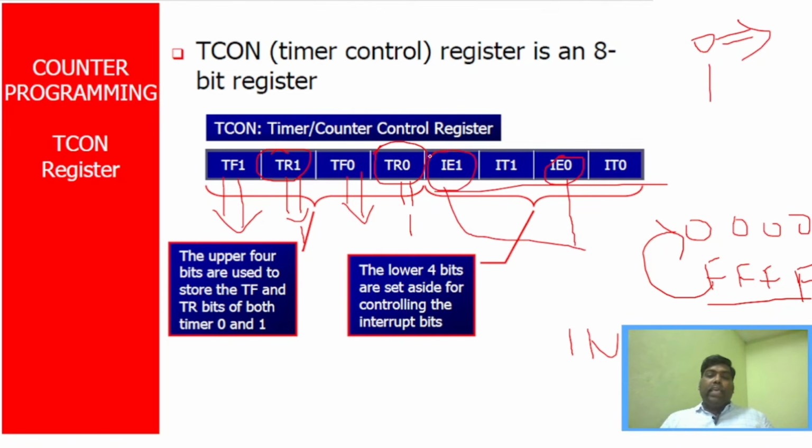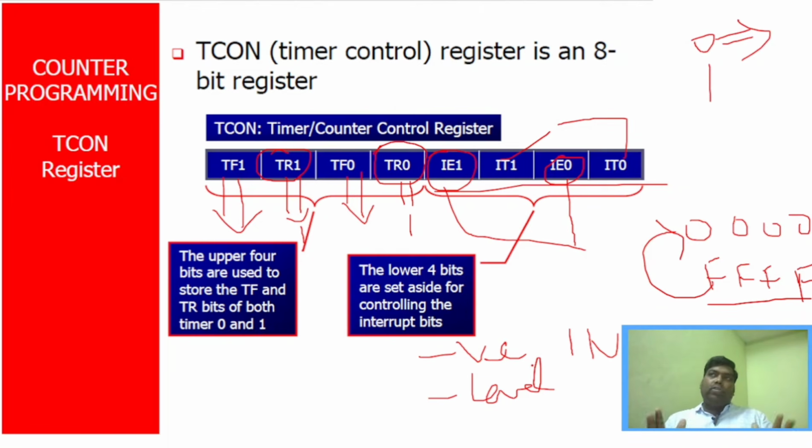And these external interrupts can happen in 2 different methods: either negative edge or level triggered. So these 2 bits, IT1 and IT0, tell you how this external interrupt happens, whether because of negative edge or level, set or reset. Clear? This is about the TCON register.